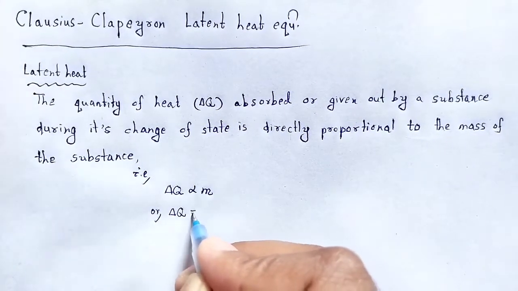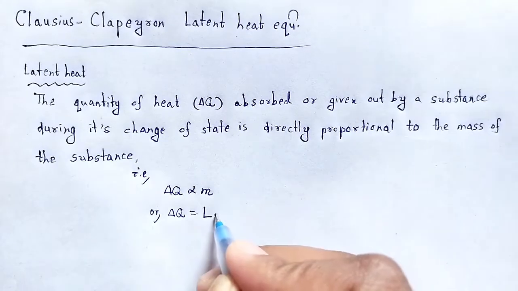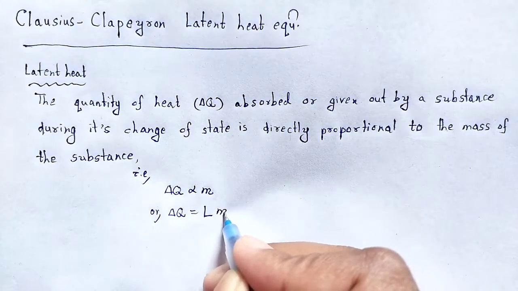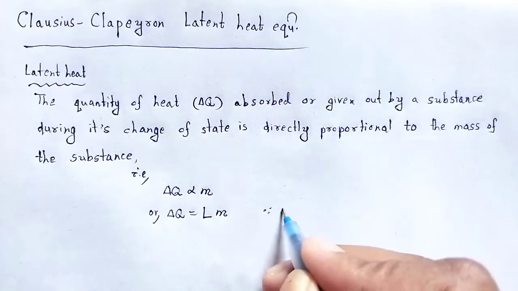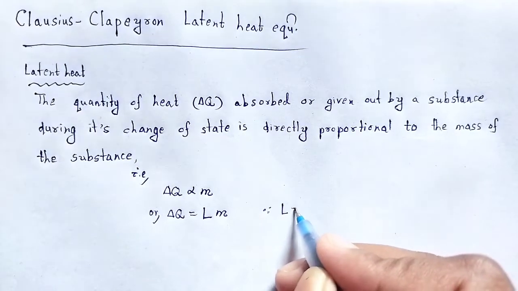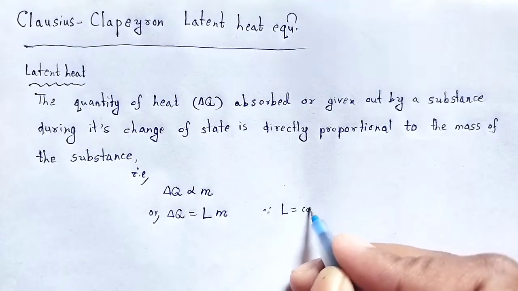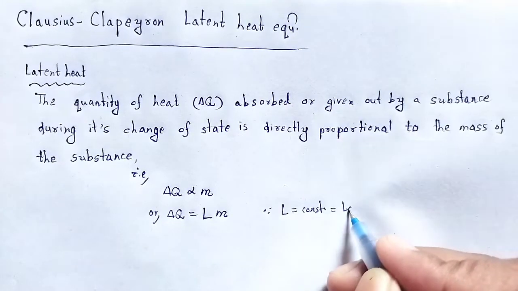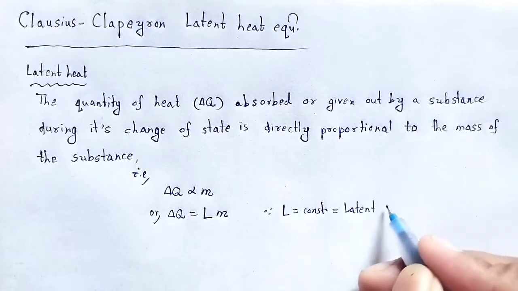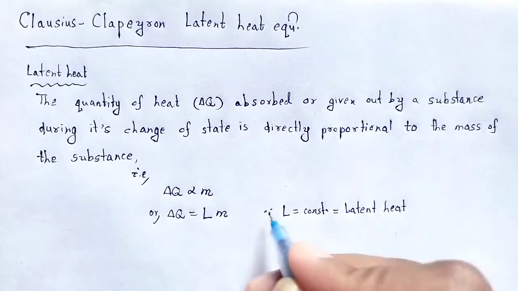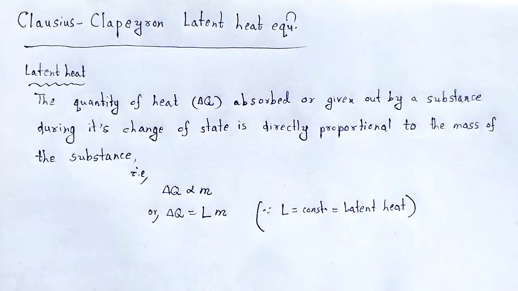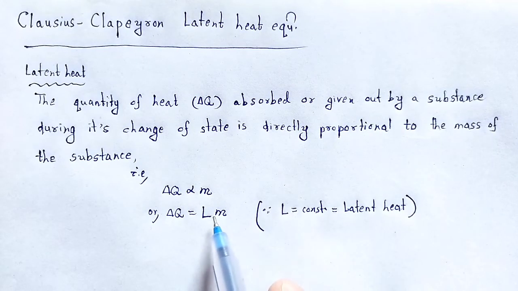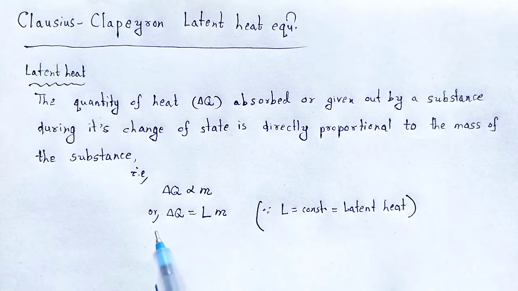Del Q is equal to L into m. Here L is known as the latent heat of that substance, and it depends upon the nature of the substance.